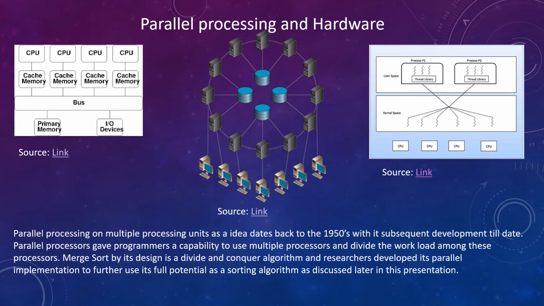Now let's understand something about parallel processing and hardware. This is why we are at the point that we need to use all the parallel hardware that we have for sorting. Parallel processing on multiple processing units as an idea dates back to the 1950s, with its subsequent development till date.